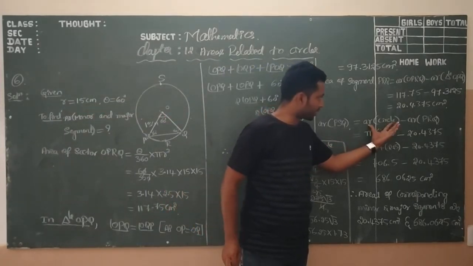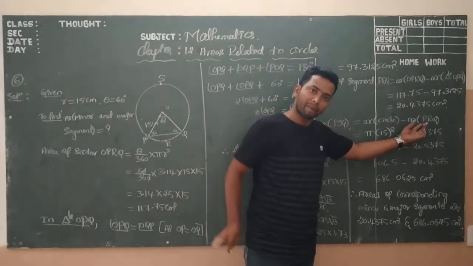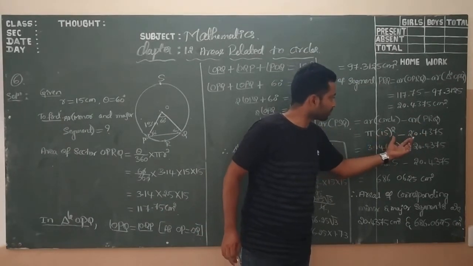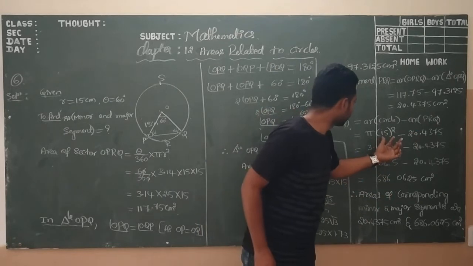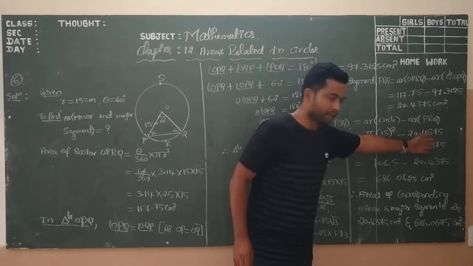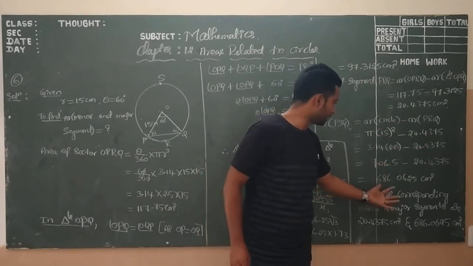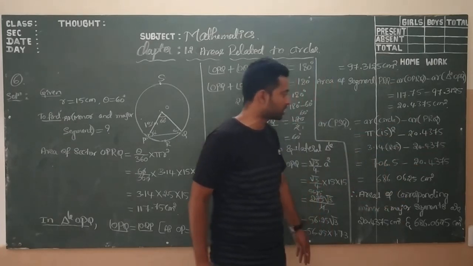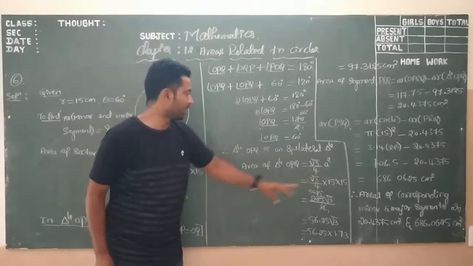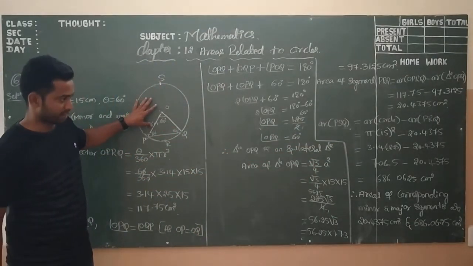So area of the entire circle minus area of the minor segment. By substituting the value of the radius and the respective areas, we finally get the answer, that is 686.0625 centimeter square. This is the area of the major segment.